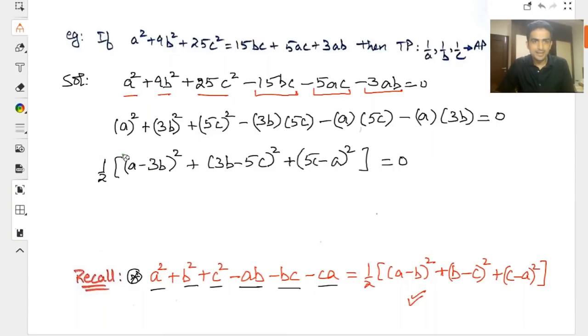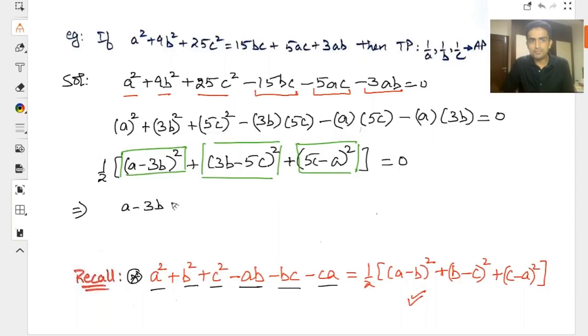See, it's a square, so it's a non-negative term. It is also a non-negative term. It is also a non-negative term. But their sum is 0. Now, if the sum of non-negative terms is 0, the only possibility is that all the terms must be 0.